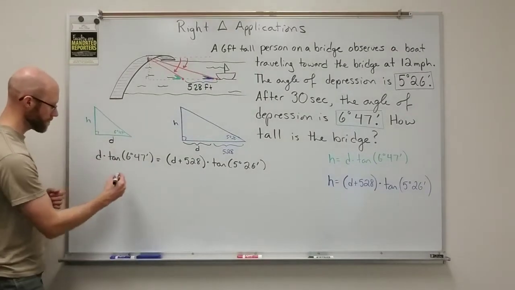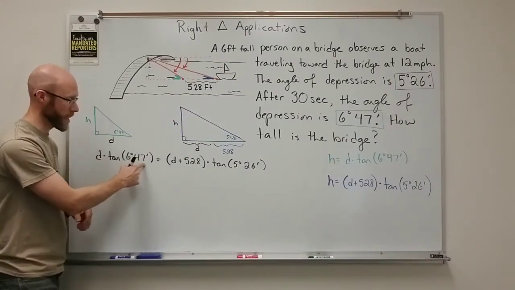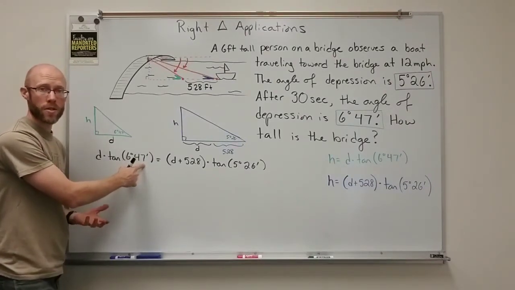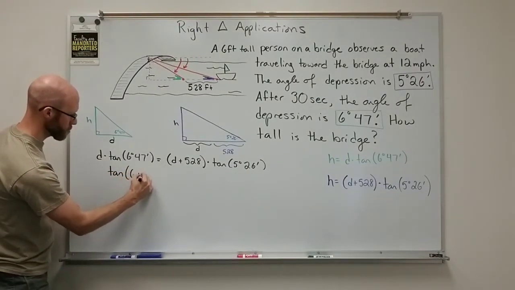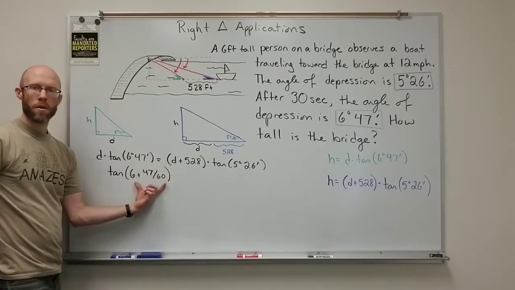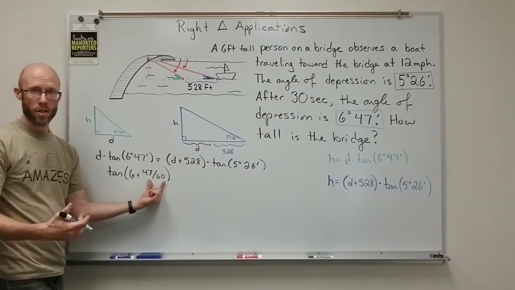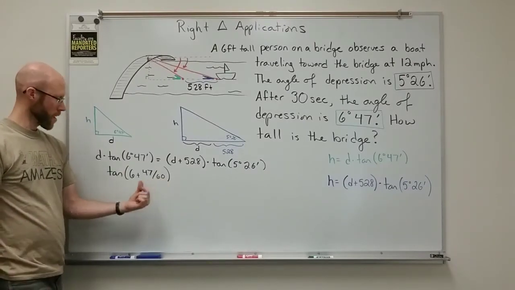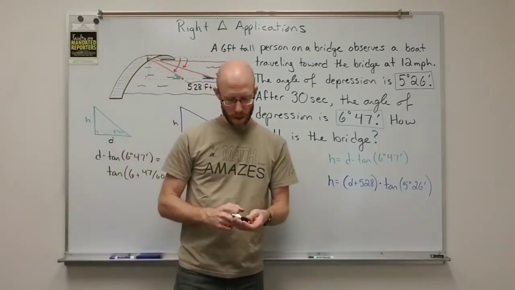The first one, now when you calculate degrees and minutes in the tangent, one of the nice ways to do that is to just type in tangent of 6 plus 47 over 60. Remember, 47 minutes is the same as 47 over 60 degrees, or 47 sixtieths. And so if you add those together, you get the total number of degrees.